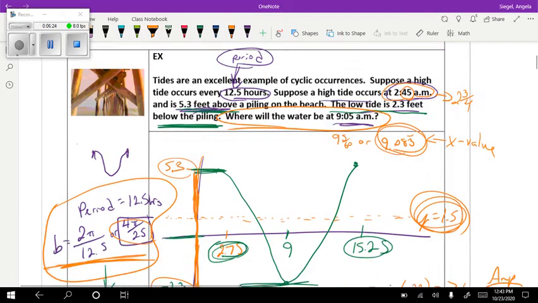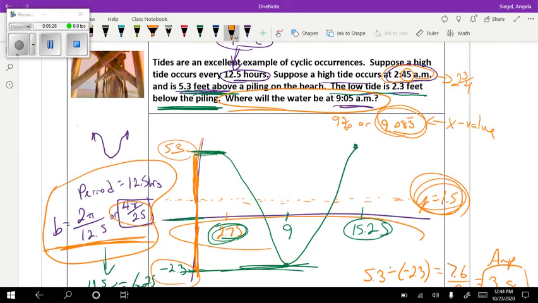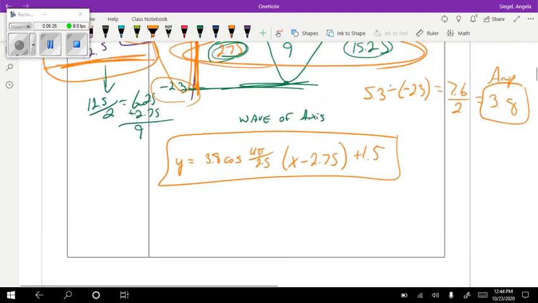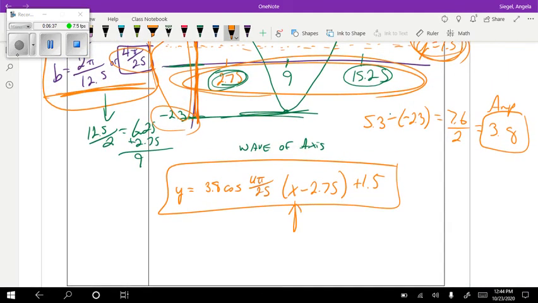So think about our chart. This is our time axis down here, and how high our water is is our y-axis. So I'm going to plug in this value, 9.083, for x, and then my y value is going to be the height of the tide.